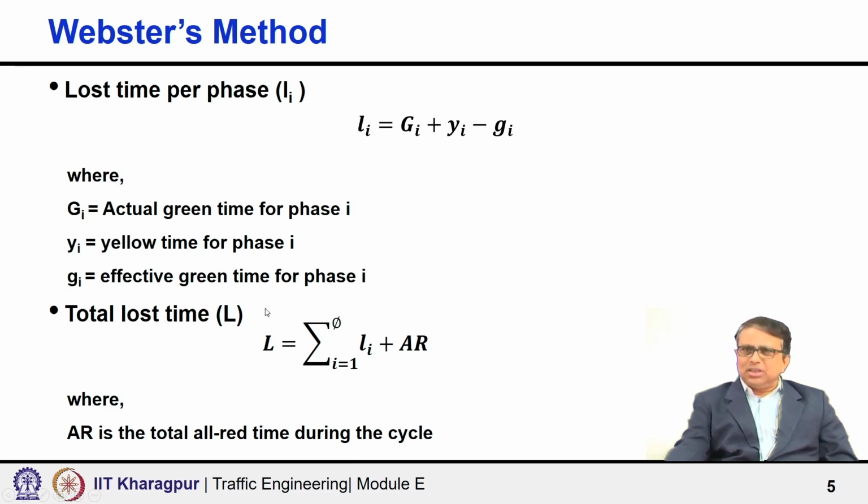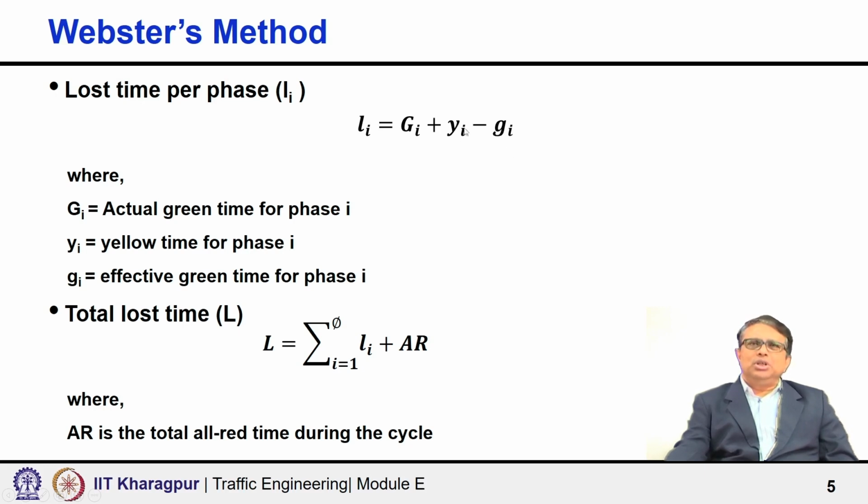Then what is the total lost time? Total lost time is the sum of L_i over all the phases plus all red time. Here in the above equation, L_i equals G_i plus Y_i minus small g_i, the effective green time.